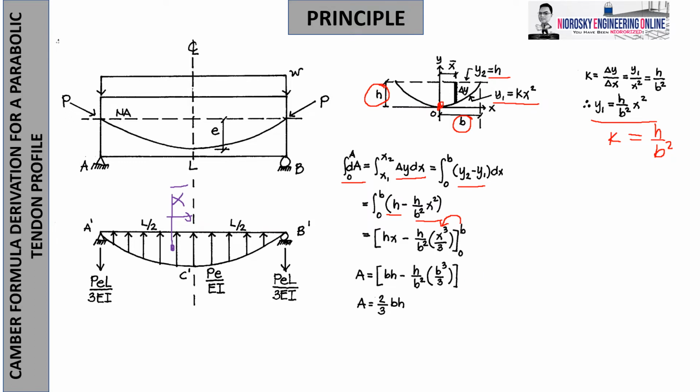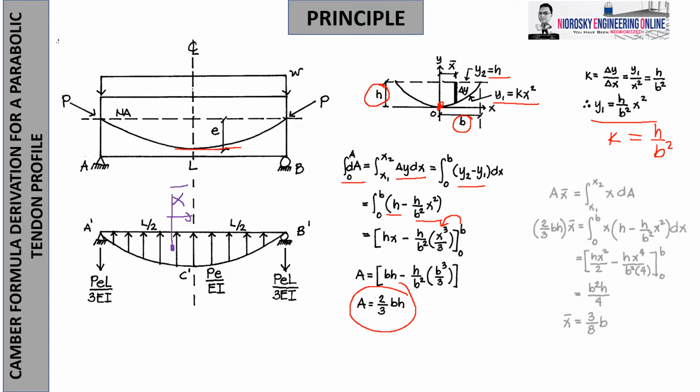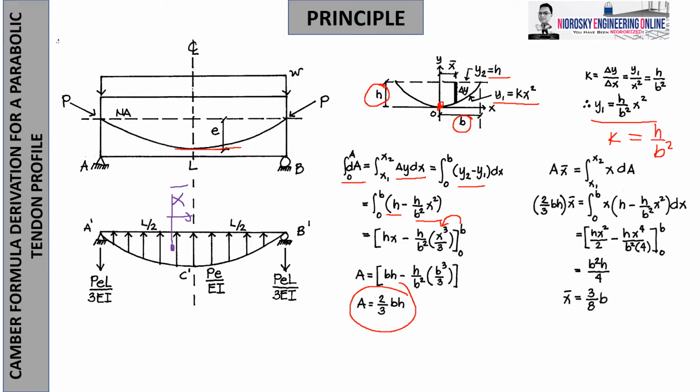Ibig sabihin lang nito, basta't pag nagtapos or nagsimula ka sa 0 angle, yung sinabi natin kanina, or 0 slope, then you can avail this formula. So, therefore, ano kaya ang centroid? So, ganun ulit. By applying Varignon's theorem, then you will get this equation, integral of 0 to b, x quantity h minus h over b squared x squared dx, and then may integration, ito yung lalabas, okay?